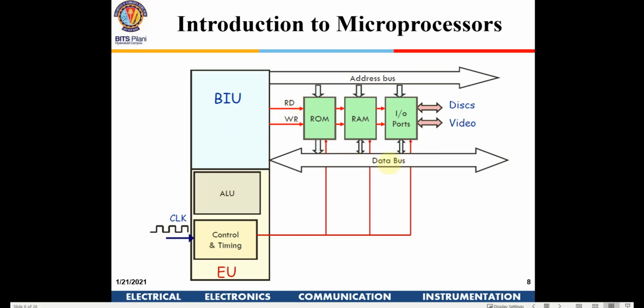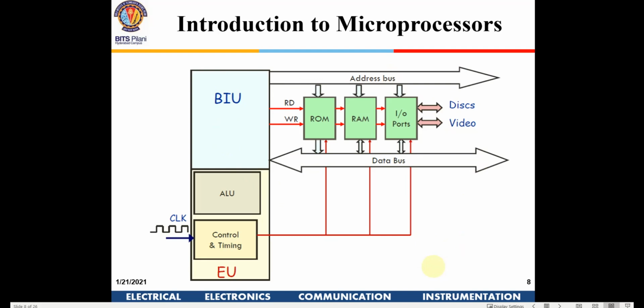Then there will be a data bus through which the transfer of data between the memory cells and the microprocessor takes place, and there will be an ALU and the control and timing unit which synchronizes the operations. Don't get perturbed if you're not understanding the entire concept. I'm just introducing you to some terms of the microprocessor.